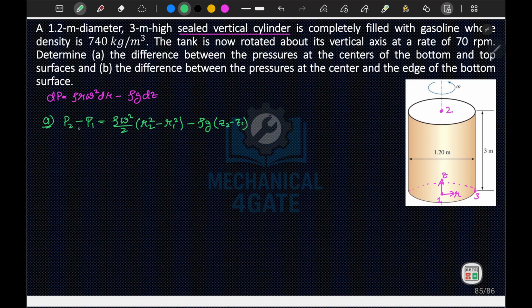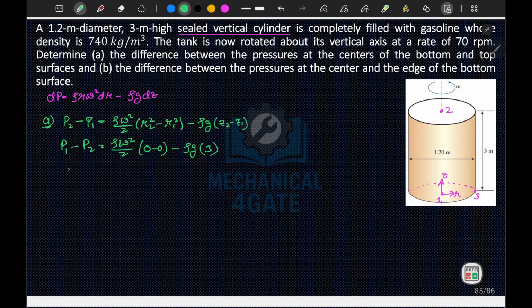So P2 minus P1, but we have to calculate at center bottom and top, so P1 minus P2. P1 minus P2 is equal to rho omega square by 2 times R2 square minus R1 square. R2 and R1 are both at center, so both are 0. Minus rho g times Z2 minus Z1, which is 3 meter.